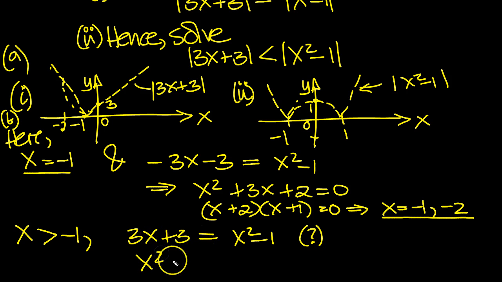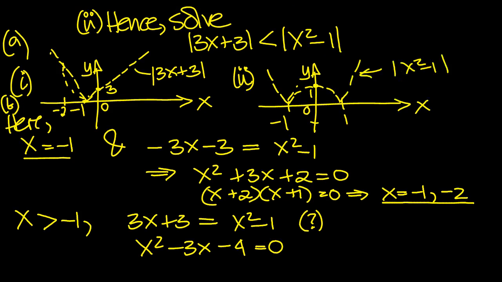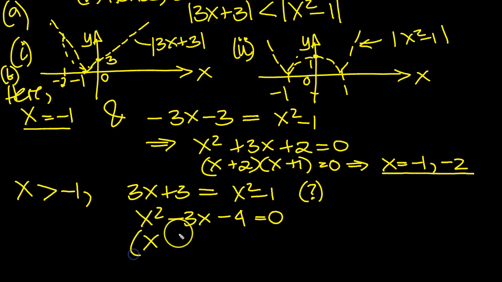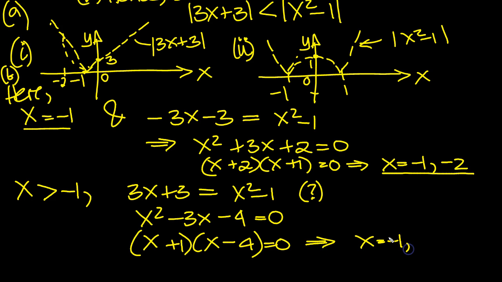We'll get x squared, move the 3x over, minus 3x, and then move the 3 over, minus 4. So we then get x minus 4 and x plus 1. So we can see that x equals minus 1, which is what we knew anyway at the outset, and also the value of 4. So that's when this straight line cuts into this graph.